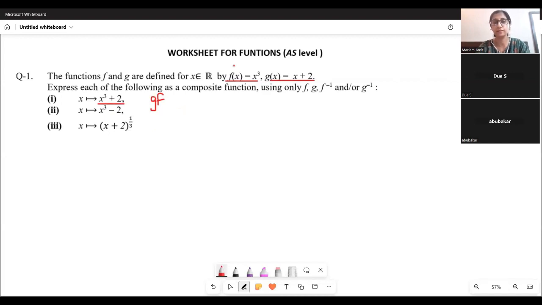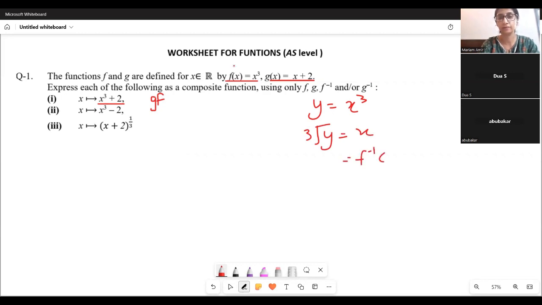Let's find g inverse and f inverse on the side as well, so that we get more clarity. y equals x cubed, and then cube root of y equals x. So f inverse of x is cube root of x.